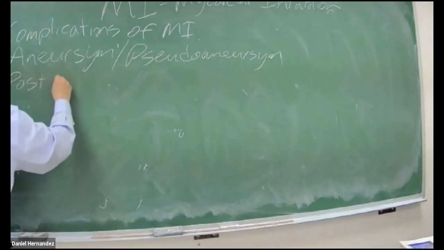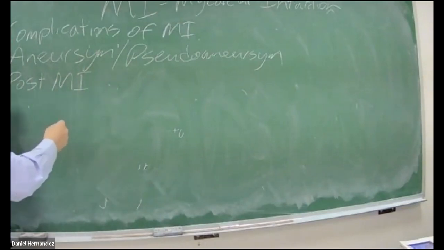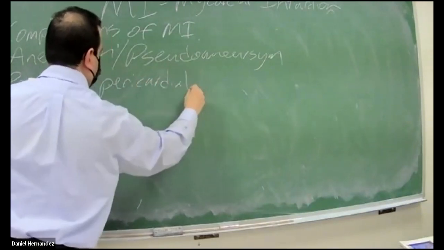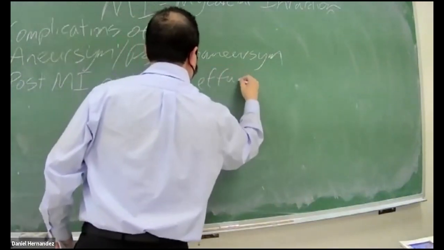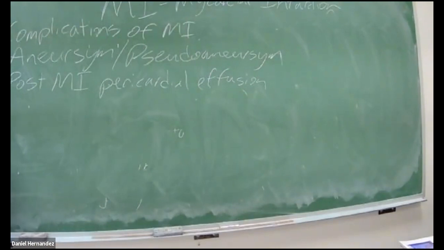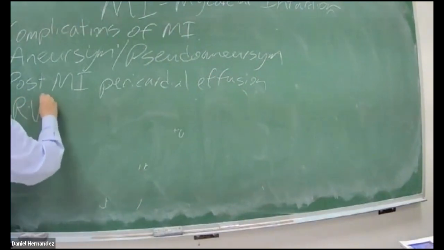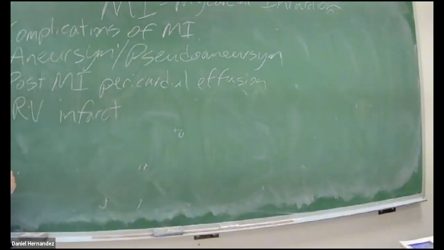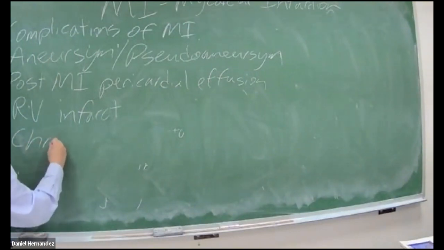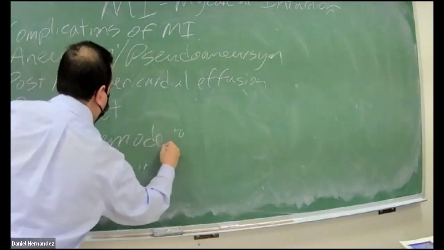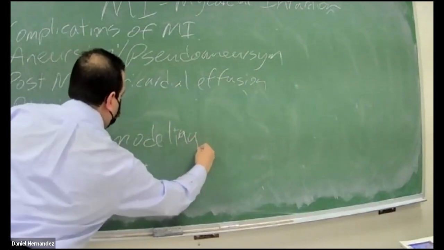You can have post-MI pericardial effusion, right ventricular infarct, and chronic remodeling.